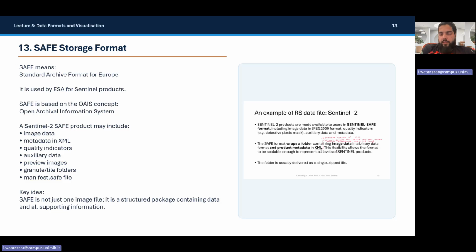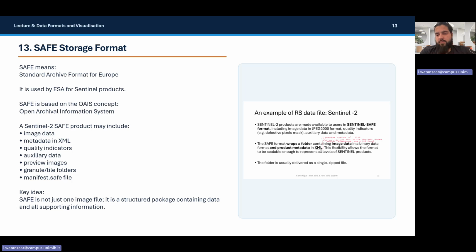Now, one special storage format is called SAFE. SAFE means Standard Archive Format for Europe, and it is used by the European Space Agency, ESA, for the Sentinel products. SAFE is based on the concept of OAIS, the Open Archival Information System. A Sentinel-2 SAFE product may include the image data, as it is after reconstruction when we put it in grayscale or true colors, metadata, and the XML metadata is important, which we discussed already.